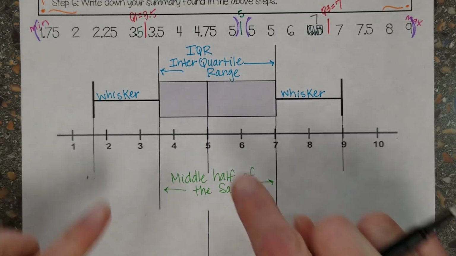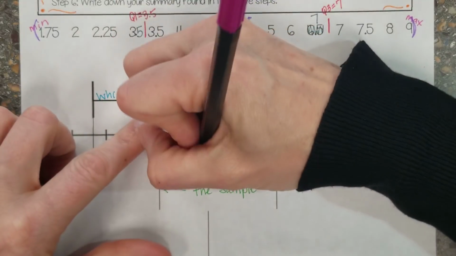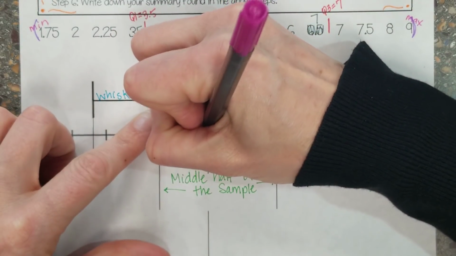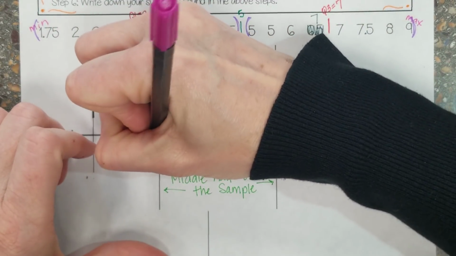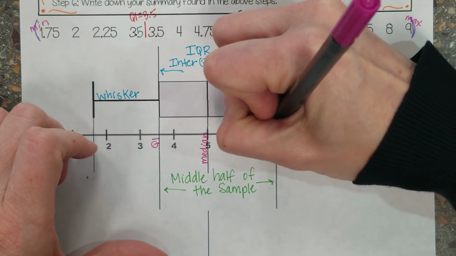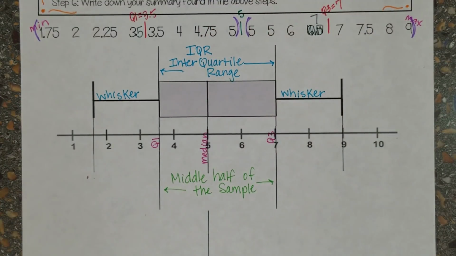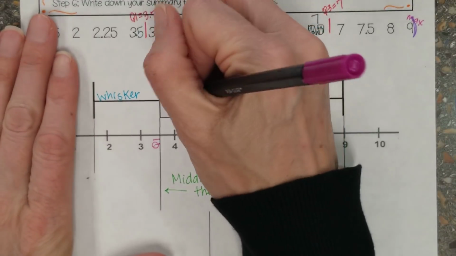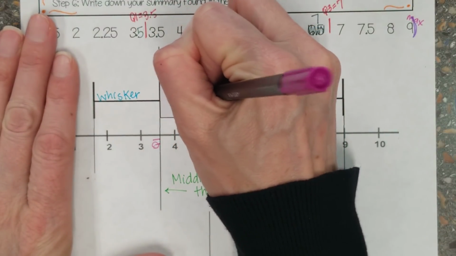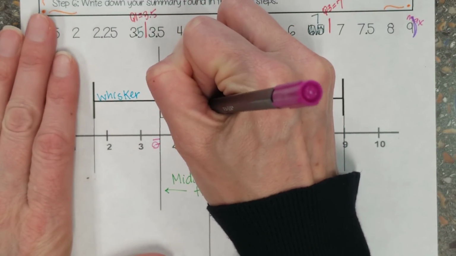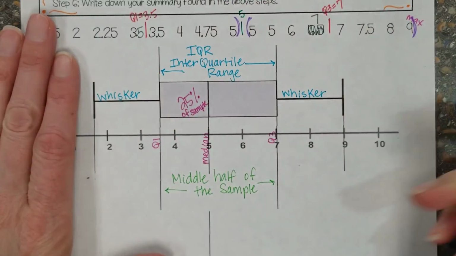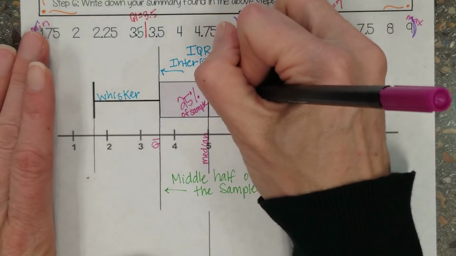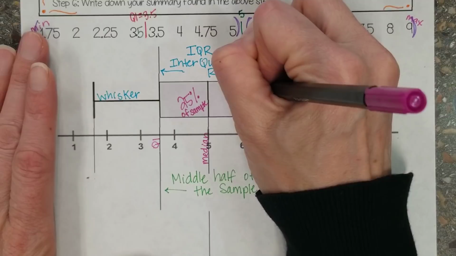There's 25% from the, so again, this is the median right here, just so you know. This one right here is Q1, and this one right here is Q3. Okay, so from Q1 to the median, there's 25% of the sample. Should have written that bigger. Okay, and then from the median to Q3, that's another 25% of the sample.